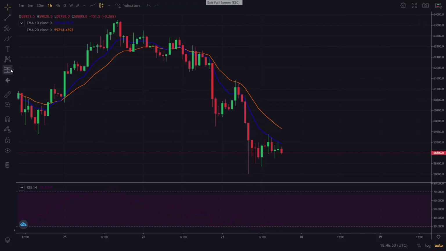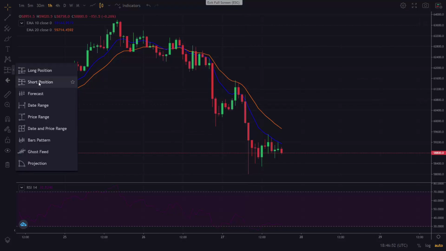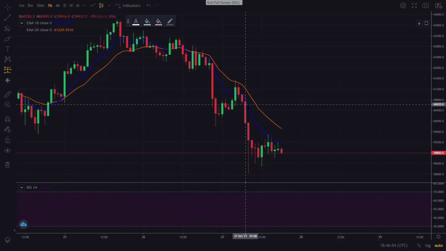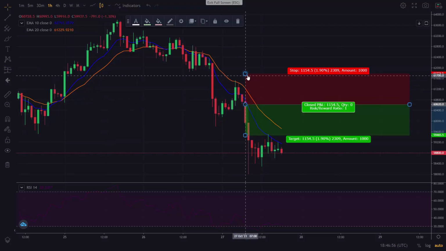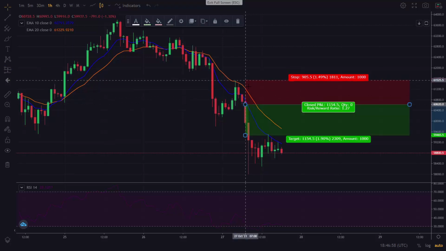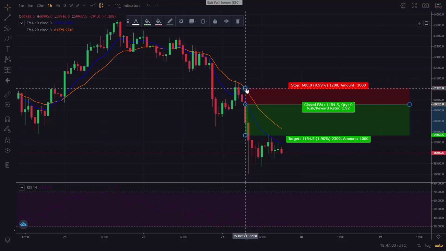And if we do that, we can see that we have our entry point at that candle. We can set our stop loss at the 20 period exponential moving average, and we can see at this point we do get a cross into the oversold zone on the RSI.